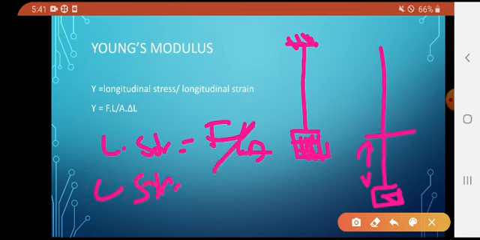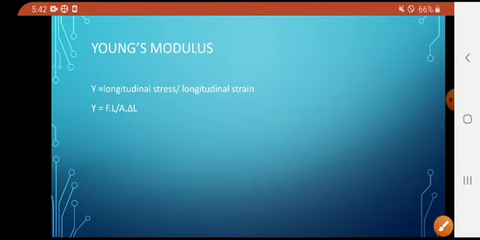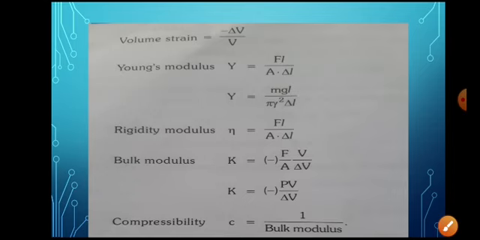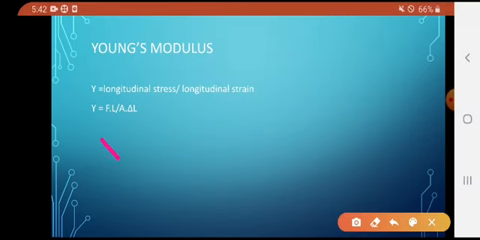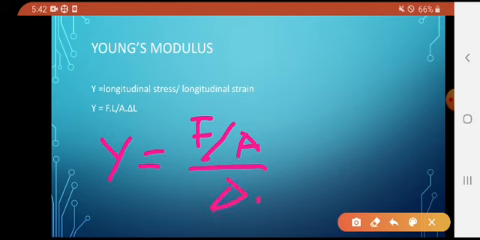Longitudinal strain is change in length by original length. So Young's modulus is represented by Y. It is given as longitudinal stress by longitudinal strain. Longitudinal stress is force by area, and longitudinal strain is change in length by original length.